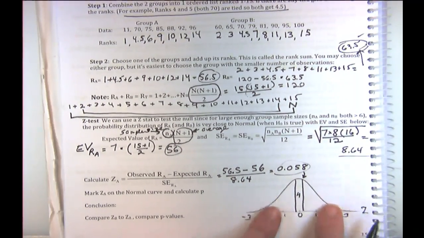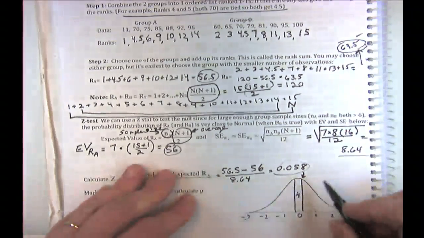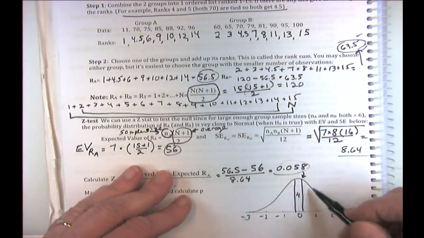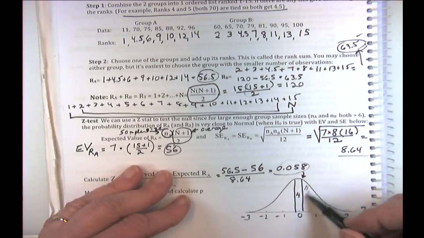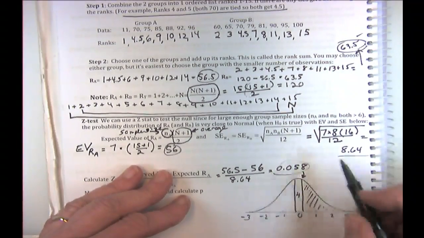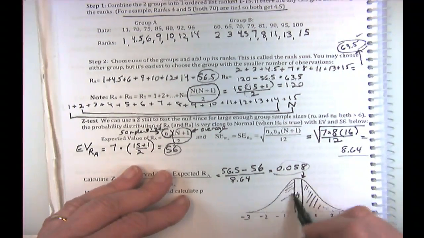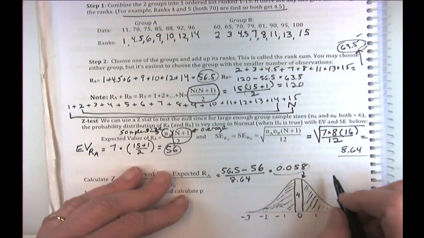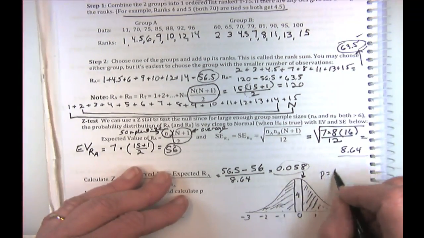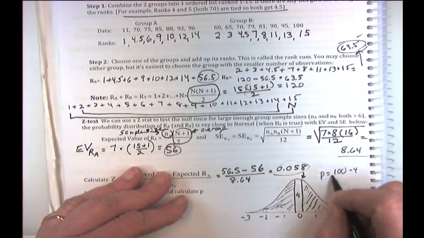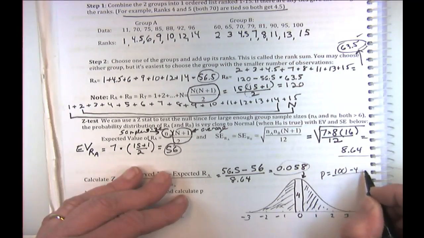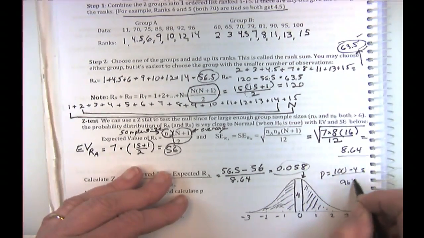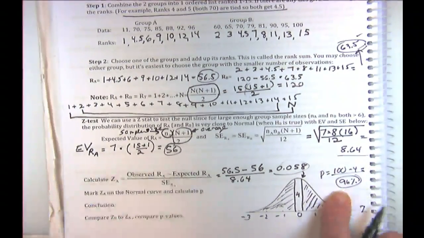Okay, and so my p-value is going to be two-sided because I had no idea which exam was going to be harder. And my p-value is just going to be 100 minus 4, which is equal to 96%. That's my p-value. Huge p-value.